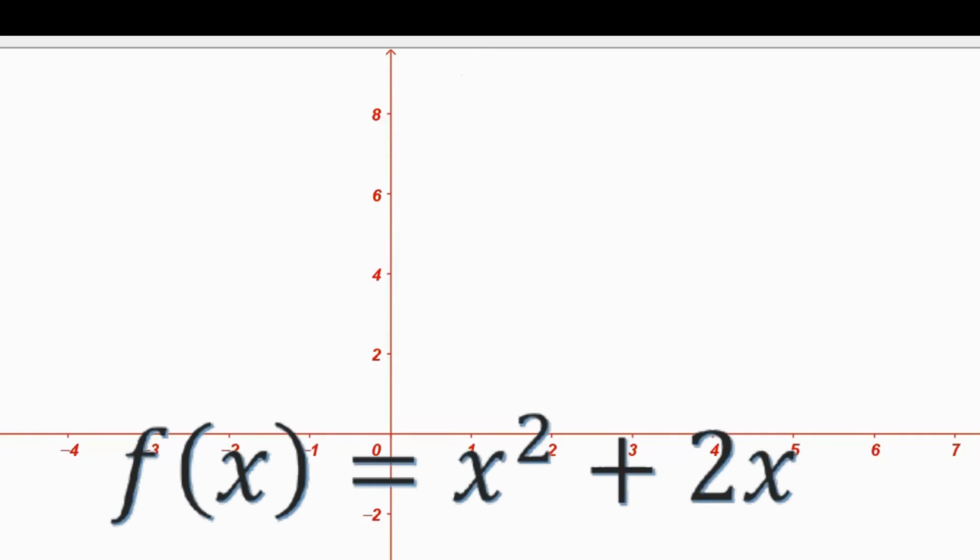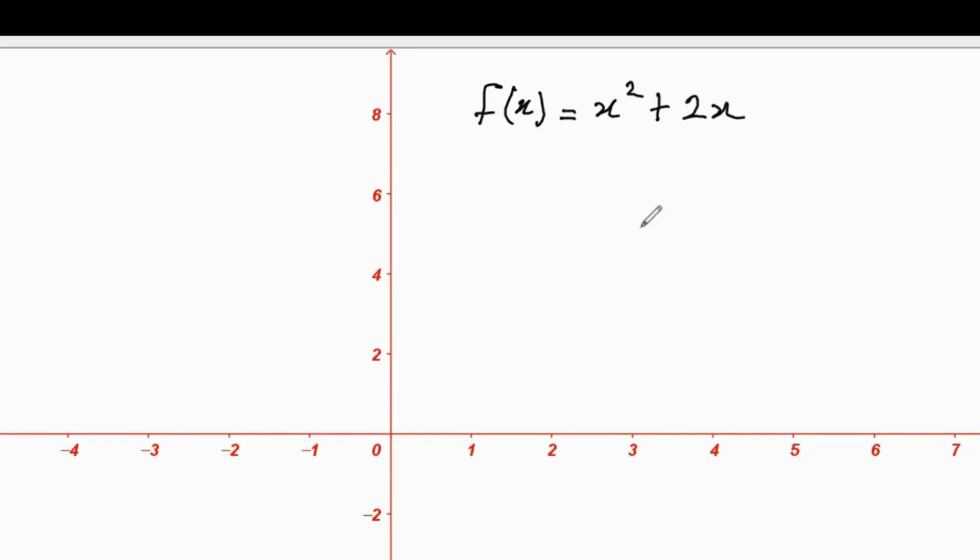If we are given the fact that f of x is equal to x squared plus 2x, and we are required to draw this graph. And then this is number one.